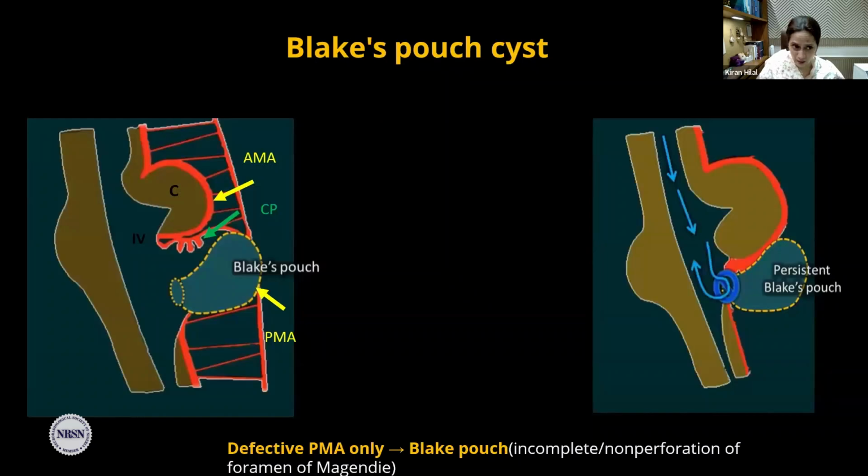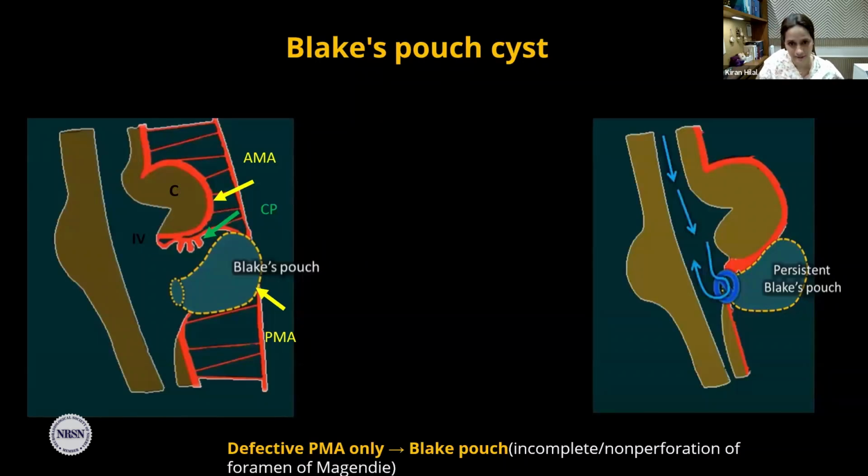If this pouch does not disappear because of non-fenestration and non-formation of the foramen of Magendie, the Blake pouch persists, and persistence of the Blake pouch results in Blake pouch cyst. So failure, or incomplete or non-perforation of the foramen of Magendie after 12 weeks of gestation can result in the Blake pouch cyst, not the Blake pouch.